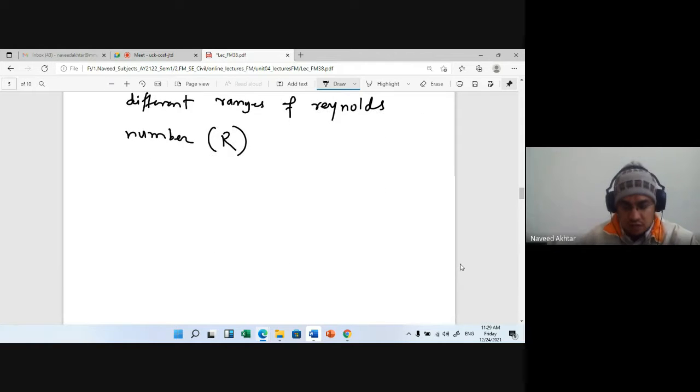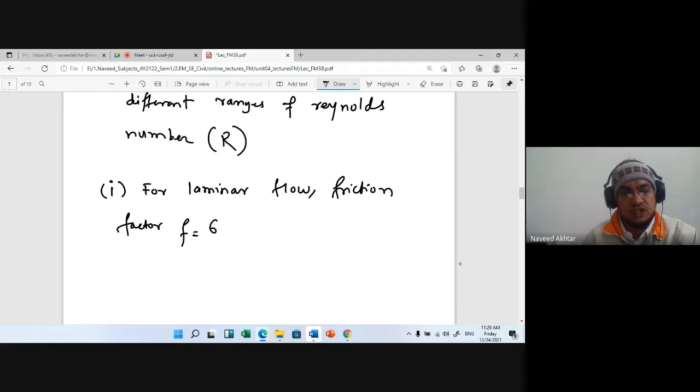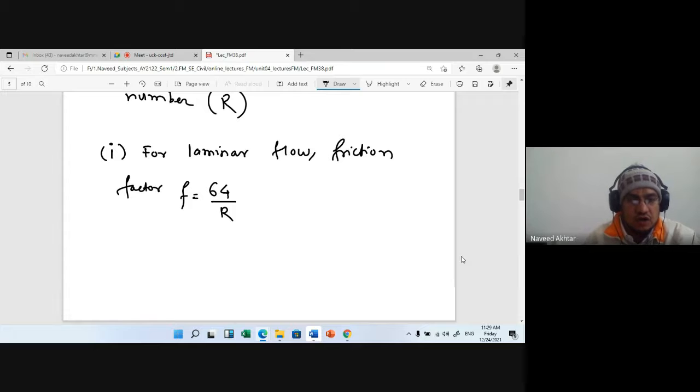Okay. So first, the suggestion by the scientist for laminar flow: the friction factor is F is equal to 64 divided by R, and this is for R value less than or equal to 2000.